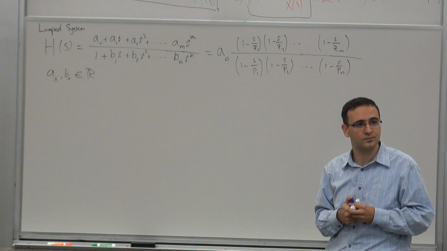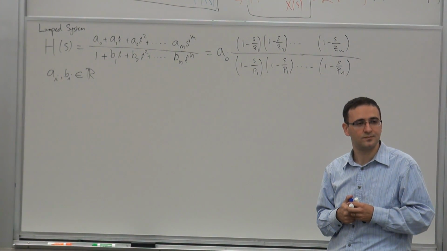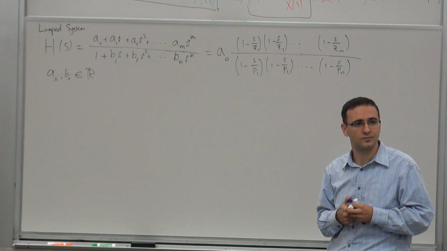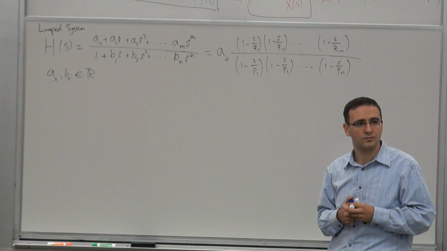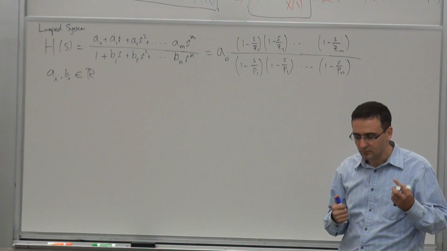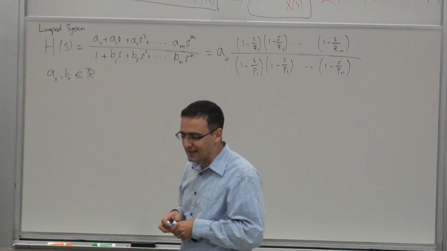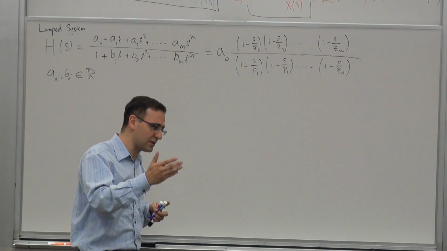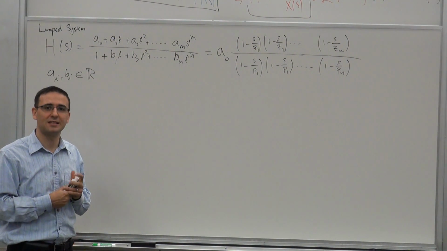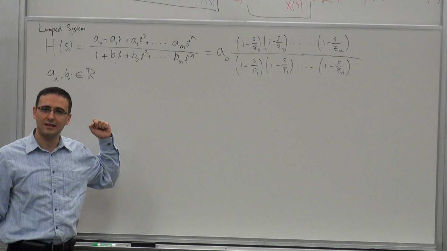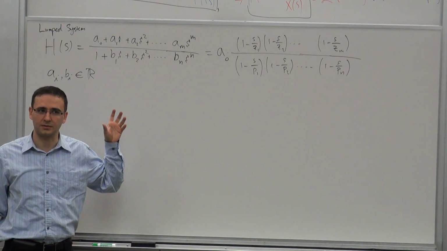Is that saying the same thing as, because even if the orders of the numerator and denominator were different, you could say there's a zero at infinity or negative infinity, and then you could say that the number of poles and zeros would be equal. Is that saying the same thing? Yes, that's a good distinction to make. So basically when I talk about zeros and poles not being equal, I mean the number of finite zeros and poles.